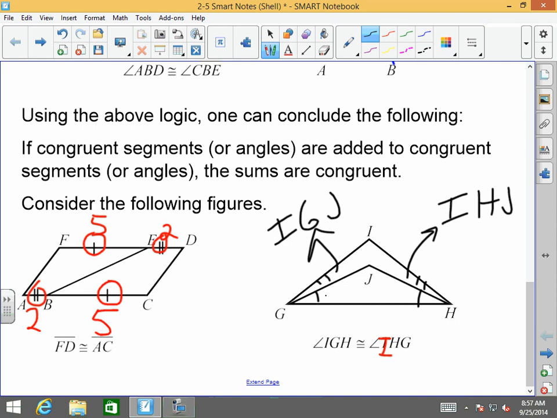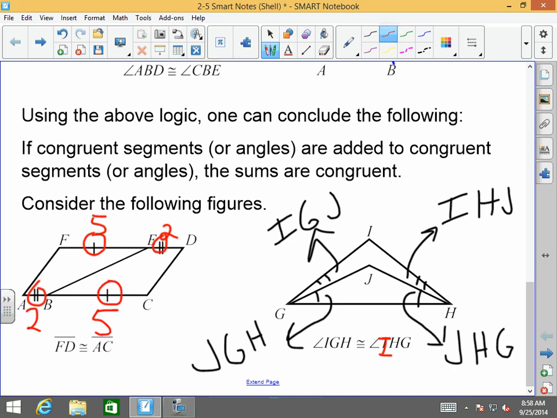Isn't this angle here J, G, H? And isn't this angle here J, H, G? So then in total, I'll do this in red now, isn't this sum here I, G, H? And isn't this sum over here, I'll do it in blue, I, H, G?